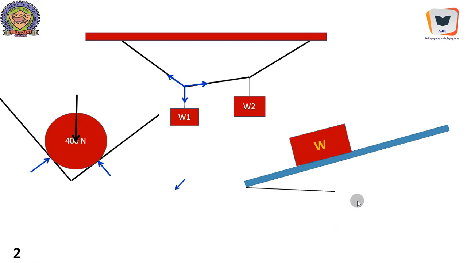The block on the inclined plane generates a reaction perpendicular to the plane, and this is the weight. This is the component of the weight down the incline, and this is the component of the weight across the incline. The weight is resolved along the incline and across the incline, and this force will tend to disturb this block by pushing it down the incline, while this component will generate a reaction perpendicular to the surface of the incline.